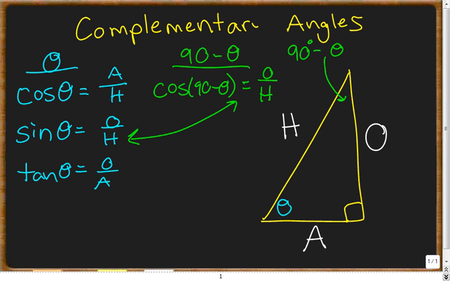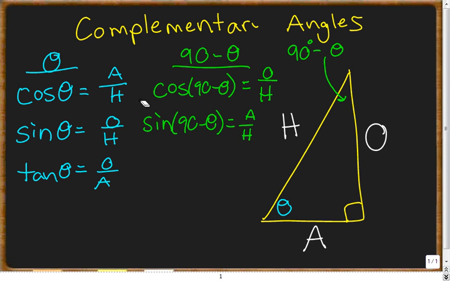We'll learn a little bit more about this when we go to graphing. Now, if we're dealing with the sine of 90 minus theta, the sine of 90 minus theta deals with its opposite over the hypotenuse. So now this is going to be a over h. So just like what we were saying, the sine and cosine of complementary angles are identical.